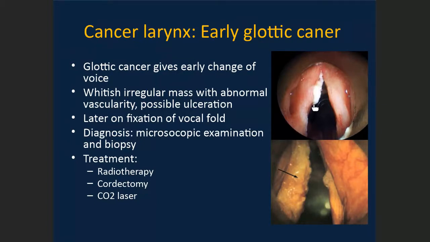Unfortunately, supraglottic and subglottic will have late manifestation. But glottic can present early, and it can be a whitish irregular mass with abnormal vascularity, or an ulcerative mass. It can cause fixation of the larynx, fixation of the vocal cord, the mobility is restricted, an immobile vocal cord.